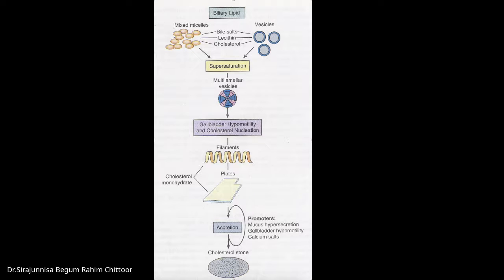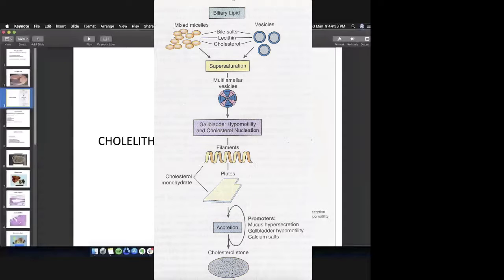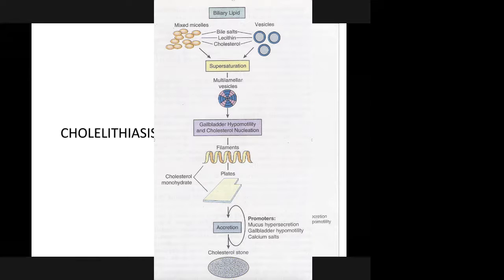If we take the pathophysiology of cholelithiasis, especially the cholesterol stones, here is a very good flow chart that depicts how the cholesterol stone will form, especially in the biliary tree.